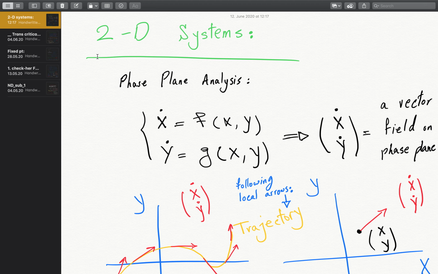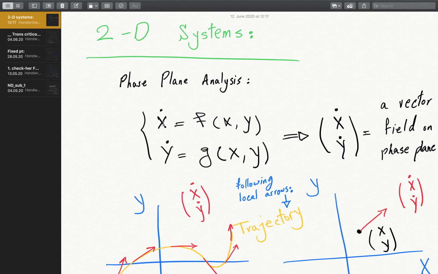If you understand the 1D system, it's just extending the ideas of the 1D system. So in 2D systems, we want to find the state of the system in the phase plane, and then do the analysis on the phase plane.